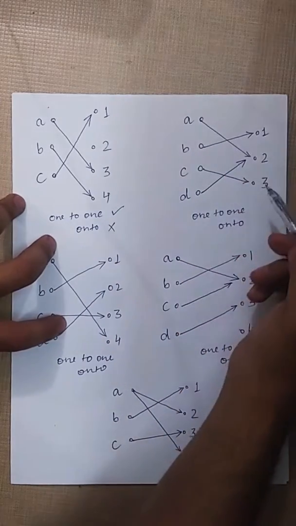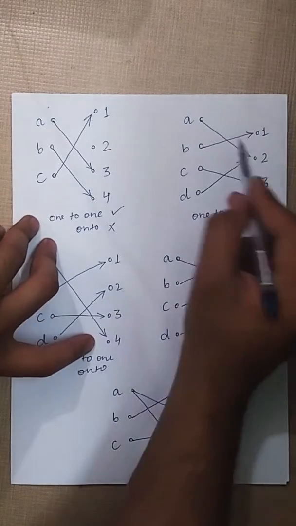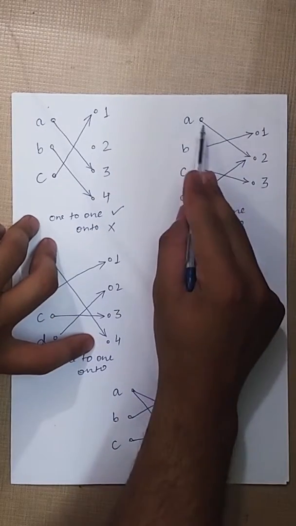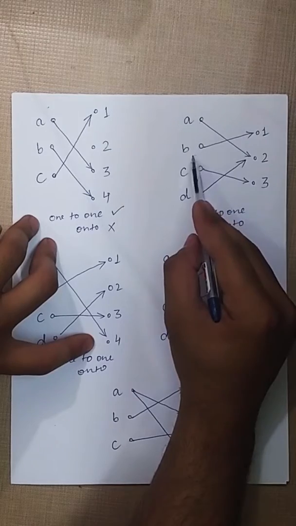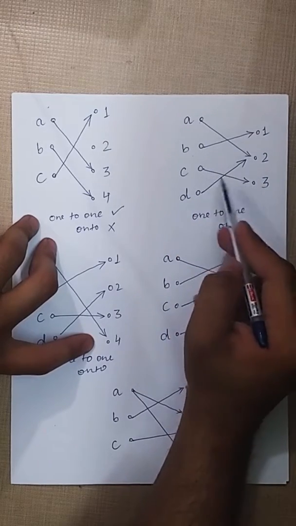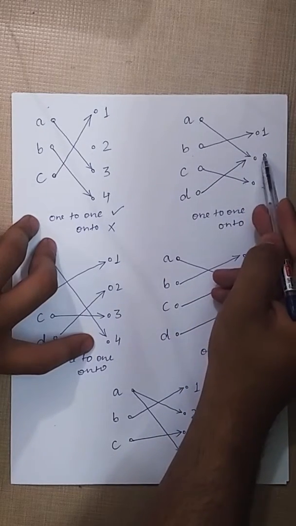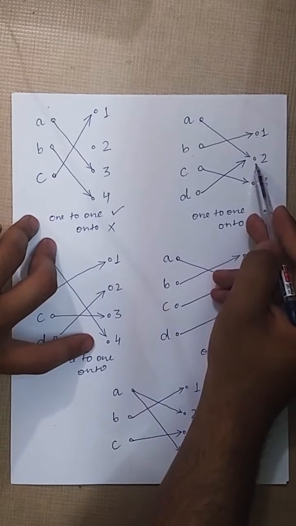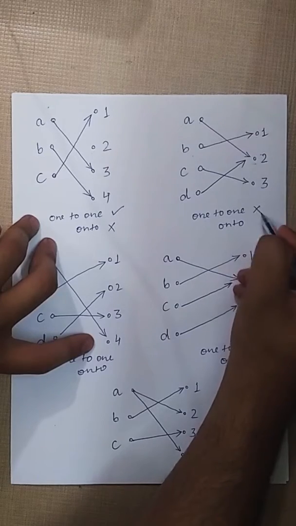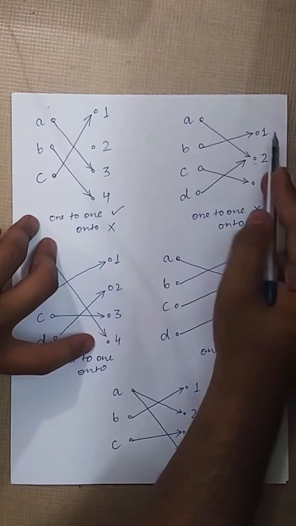Now look at this example. Is it a one-to-one function? A and D are mapped to the same element too. So this is not a one-to-one function. Is it an onto function?